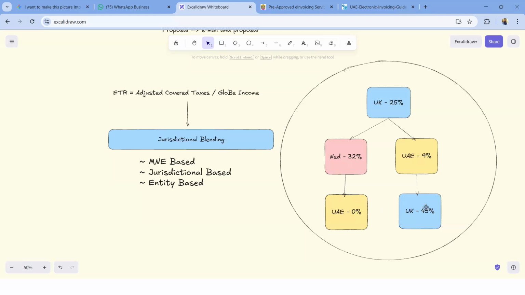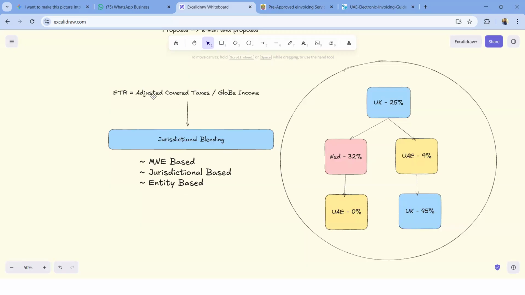Also, sometimes let's say this entity is given 0% because he is employing substance. He is putting a lot of money on investment, so the government wants investment, and for that he is given some tax benefits. Now those plans of low income countries getting investments will all be completely obliterated if there is an entity based ETR calculation, right?